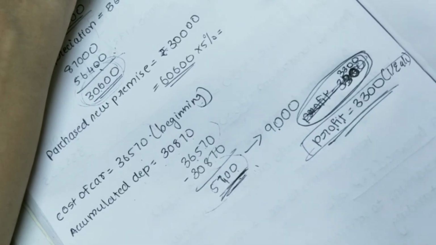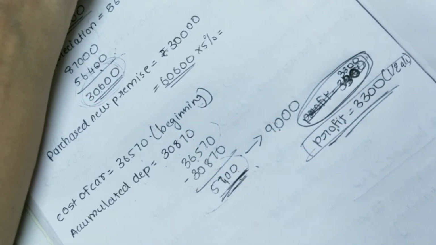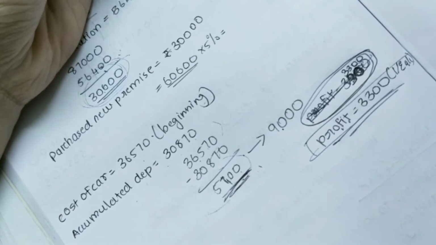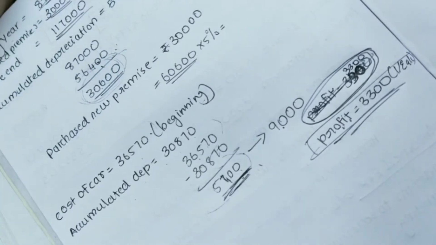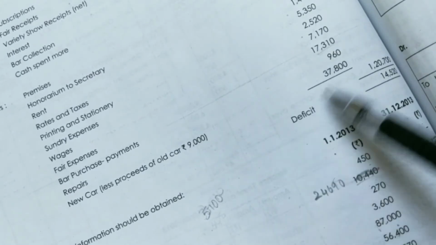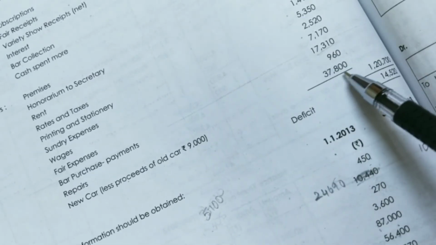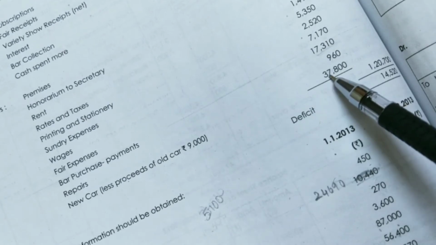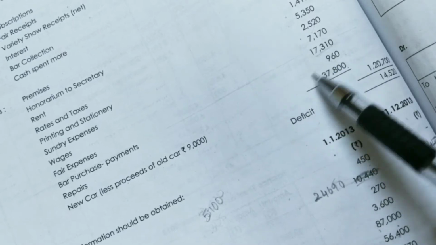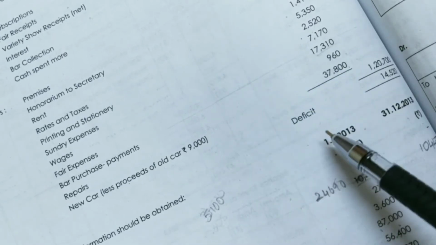Now we have to come up with an amount on which we should calculate depreciation. So next we are going to calculate the amount for depreciation. We sold the car which cost 5,700 for the amount 9,000, and we bought a new car which is of course 37,800, and this 9,000 is not included in this 37,800. That's what they are saying here.